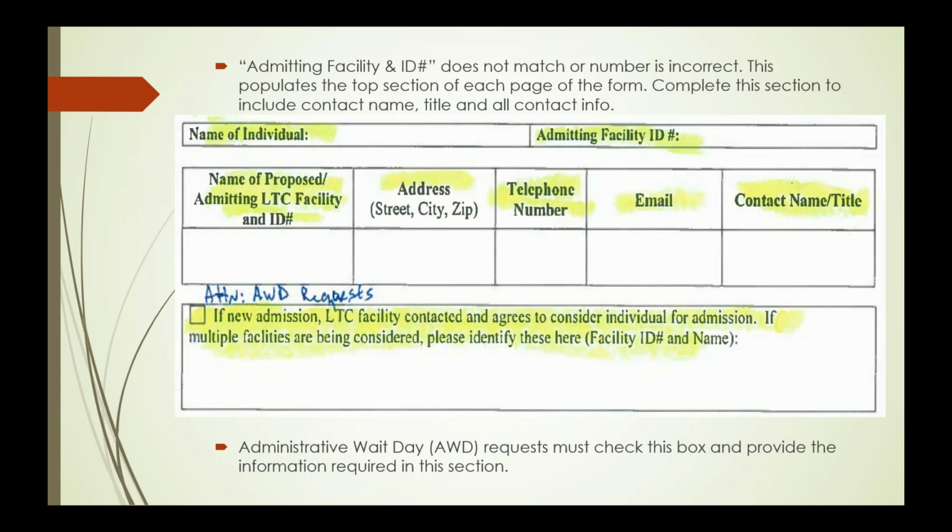On the website, we have our forms, and a lot of the forms have a couple sections where they have auto-populated information. One of these sections is the name of proposed admitting facility and ID. What happens is this auto-populates at the top for the admitting facility and ID number.